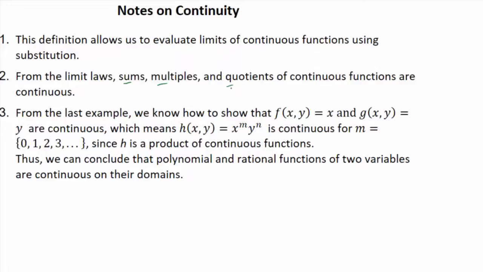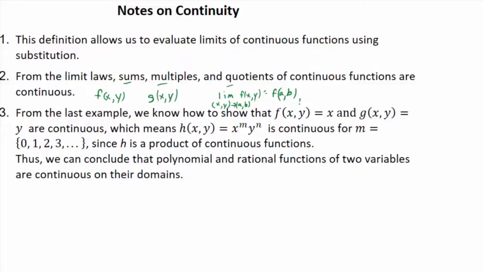Because from the limit laws, you can show that if you're adding, for instance, two continuous functions, if you know that f of x,y and g of x,y are individually continuous, then you know that the limit of f of x,y as (x,y) approaches (a,b) is equal to f of (a,b) if f is continuous.